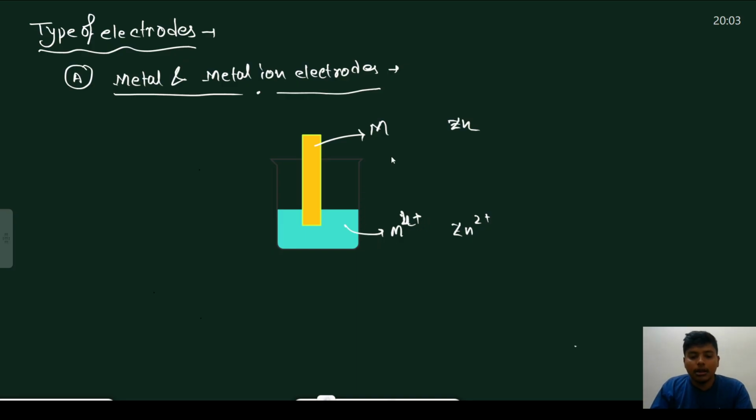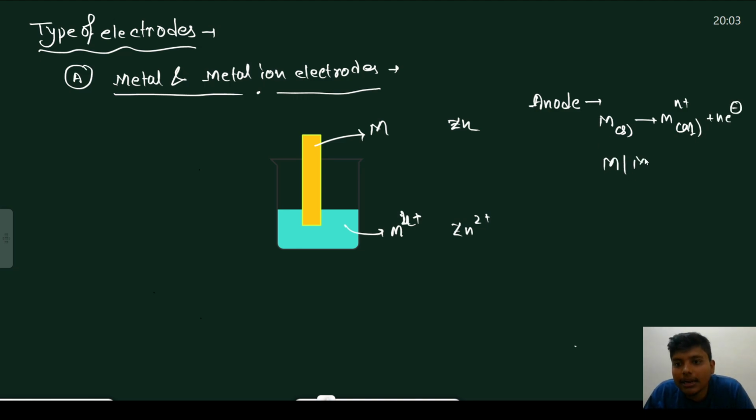Now suppose you are using this electrode as anode. Anode means oxidation, so the electrode will work as metal solid to metal n plus aqueous plus n electrons. And how to represent that? Metal and metal n plus.